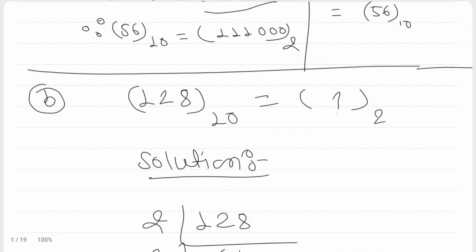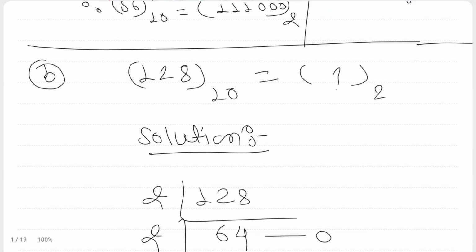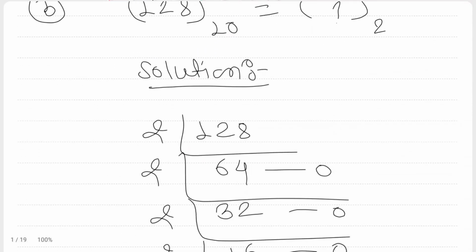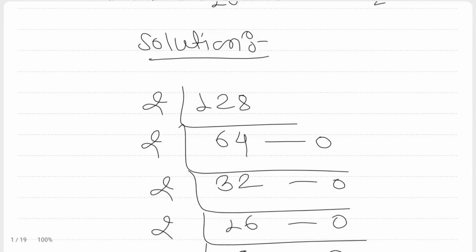Another example, so that we are also clear, convert a decimal number into a binary number. First of all we write the solution, then we divide by 2.